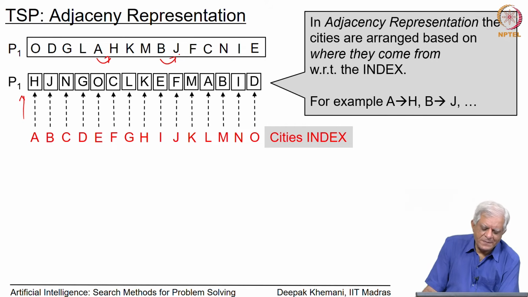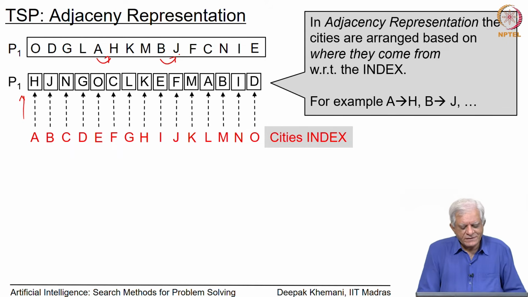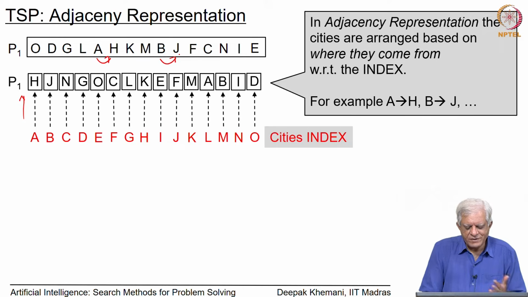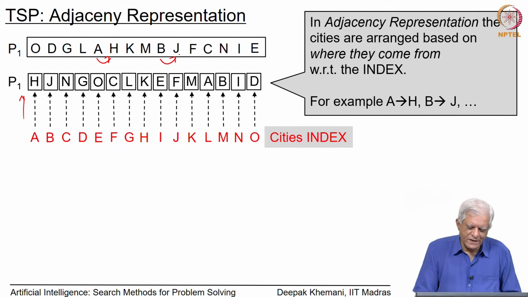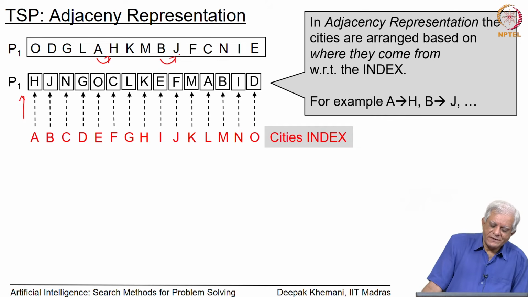What is the advantage of this representation? The main advantage is that, because index representations are easier to access, you can access any segment of the tour quite easily instead of having to scan the entire tour.